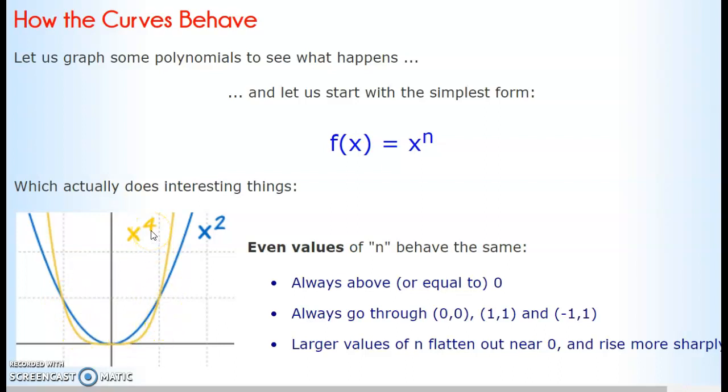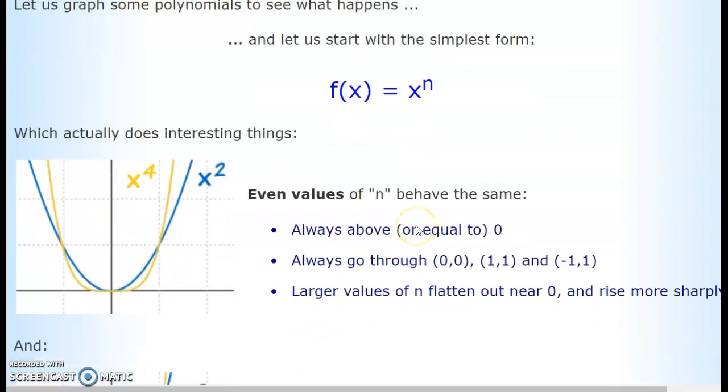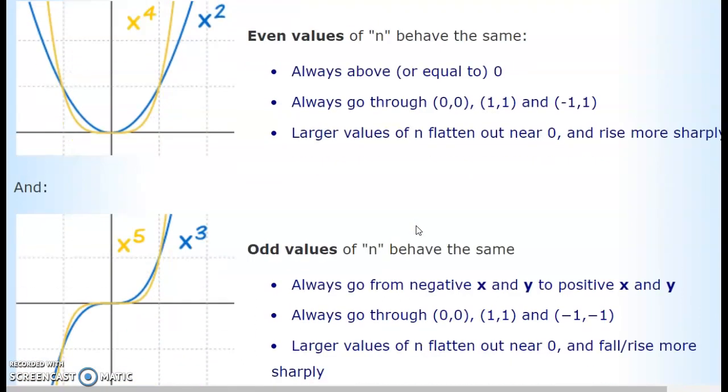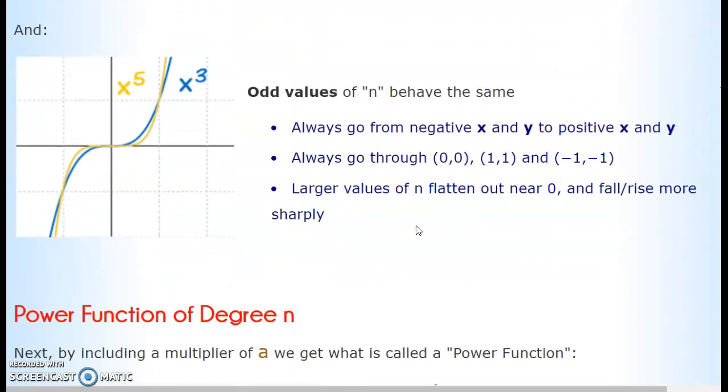So x to the 6th would look very similar to x to the 4th, except even flatter than this graph, and likewise x to the 8th, x to the 10th, and so on. As this degree gets bigger, although it has to stay even for the left-right symmetry, it's going to flatten out more and more. But all even degreed functions will have that kind of parabola shape.